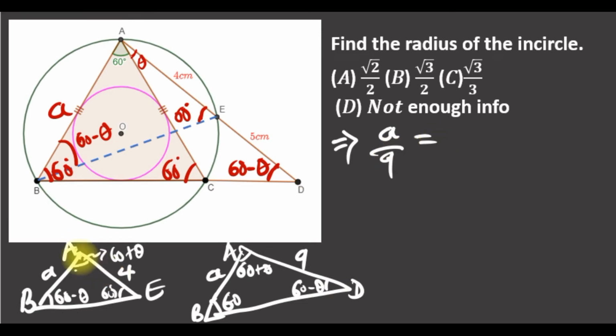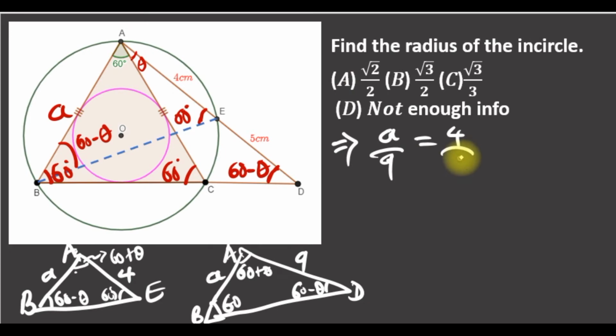Equals AE, which is 4, corresponds to which one here? This is 60 plus theta, which one is 60 plus theta and 60, which is A. Therefore, A squared is 4 times 9, which is 36. Our A is 6. So the length of the side, remember all the sides are equal. So that's the first thing we'll get here.